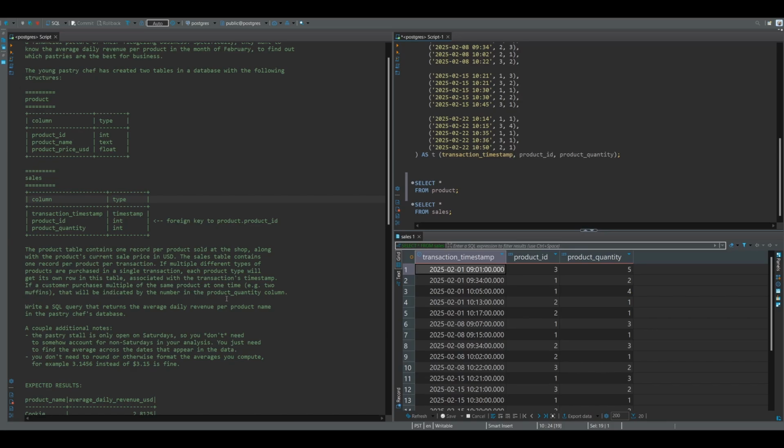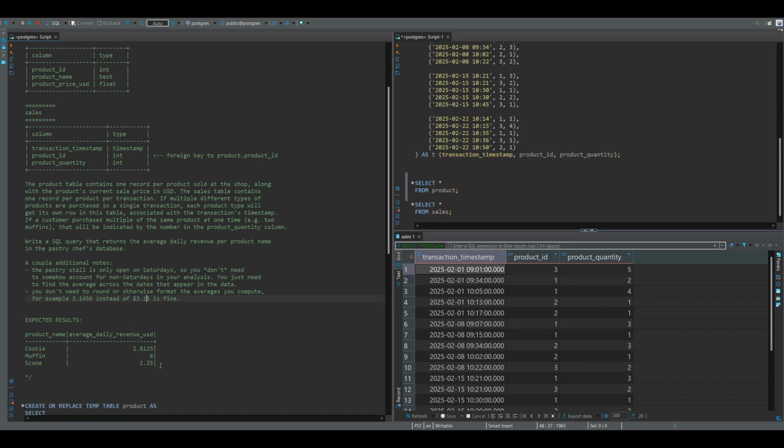Also, you don't need to round or otherwise format the averages you compute. For example, 3.1456 instead of nicely formatted $3.15 is totally fine. And just for reference, these are the actual expected results you should get once you've completed your query.